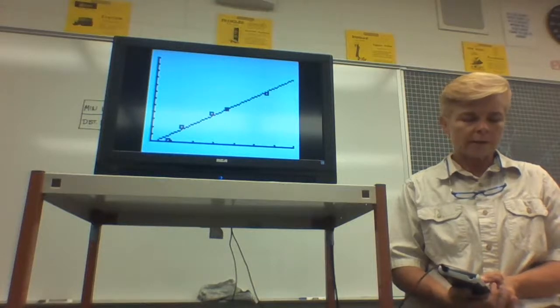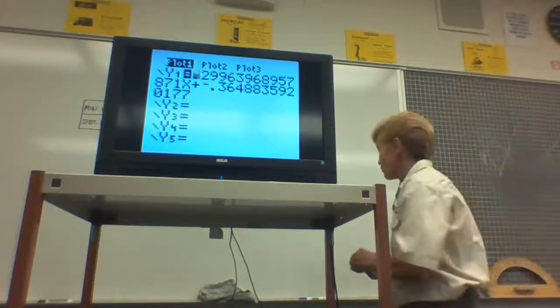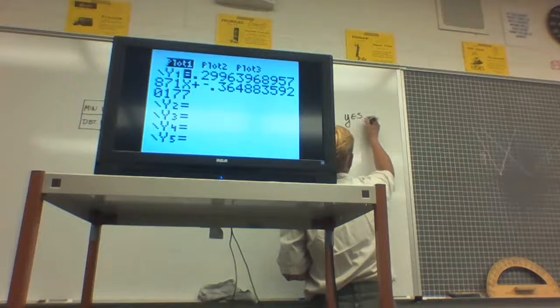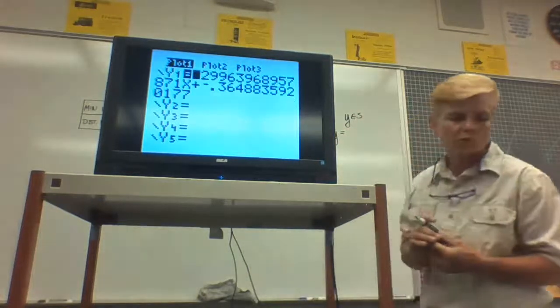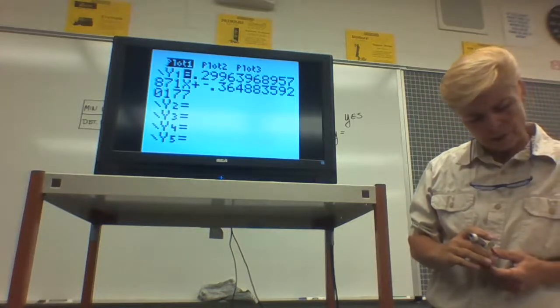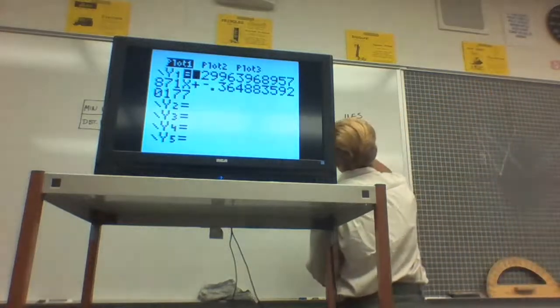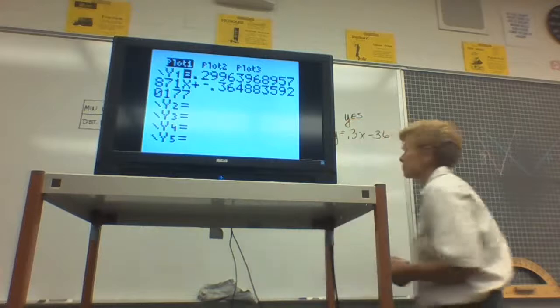So to write the answer to this, you would first of all write the first decision we made, which was yes, it is linearly related. Yes. Then you write down this equation, but don't give me all the decimals. It's going to be 0.3x minus 0.36 would be fine.